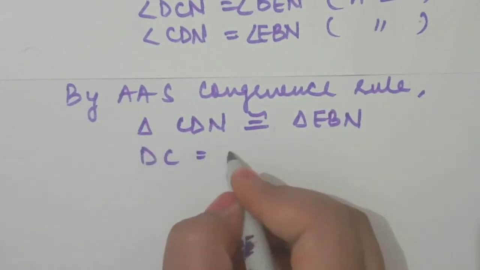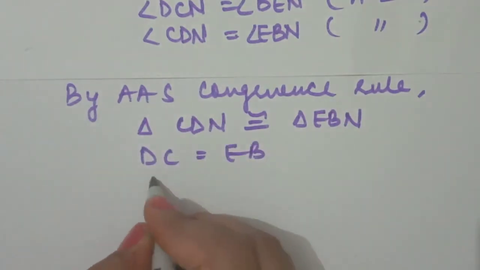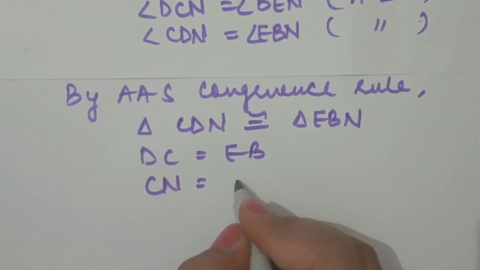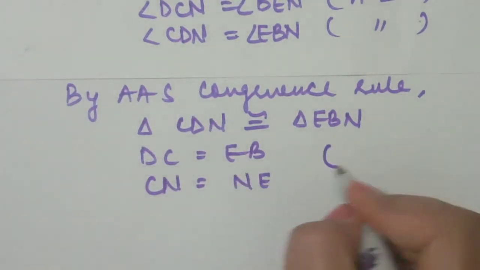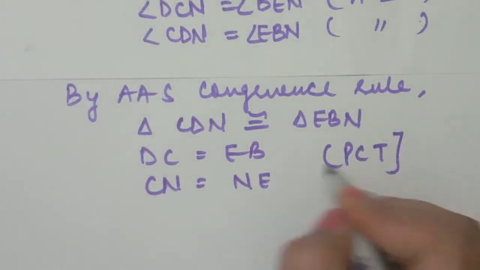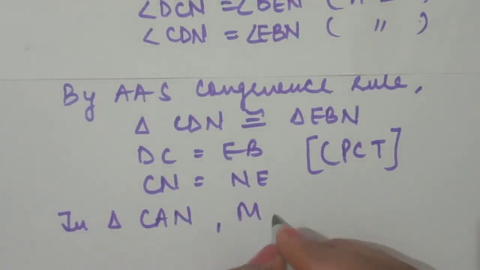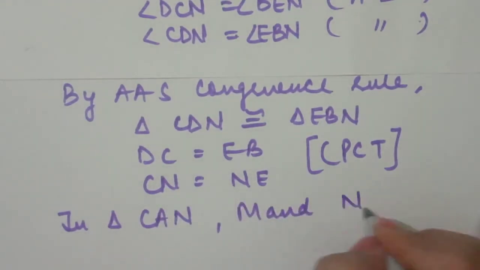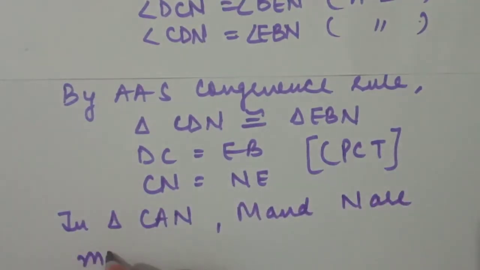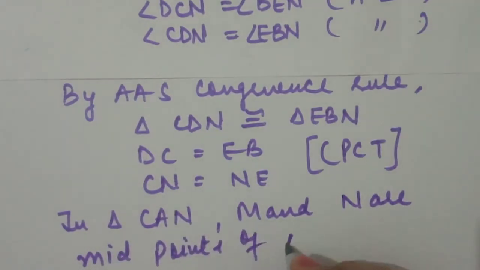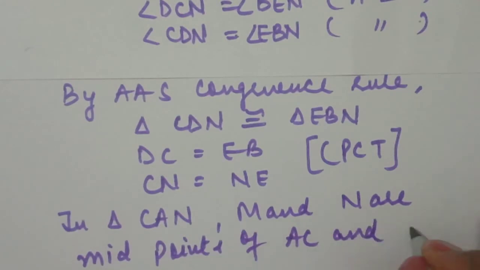Now DC is equal to EB and CN is equal to NE by CPCT, corresponding parts of congruent triangles. Now in triangle CAE, M and N are midpoints of AC and CE.